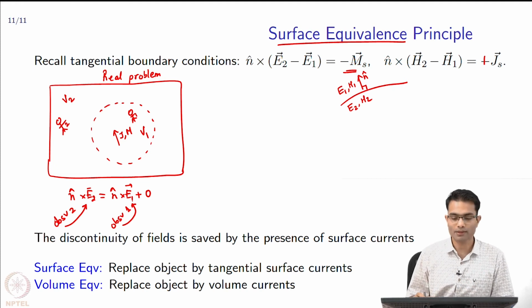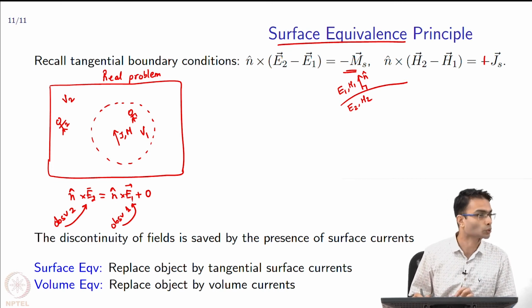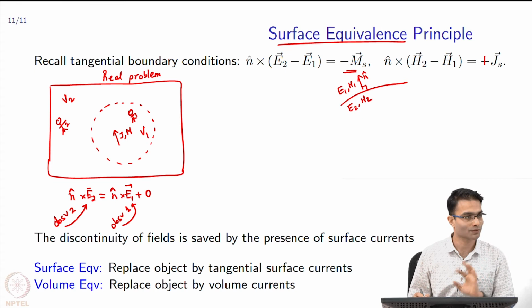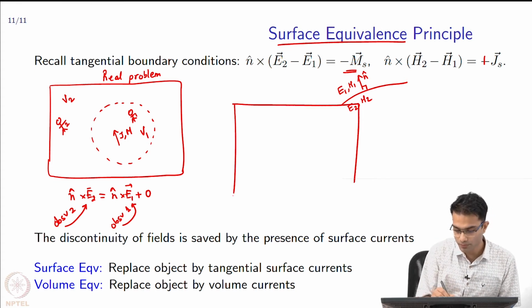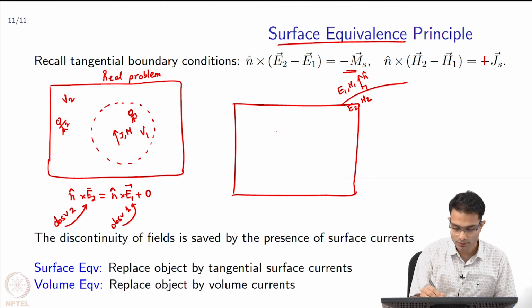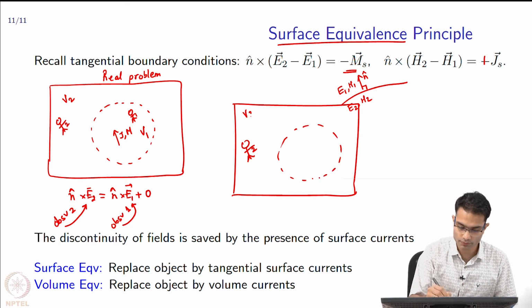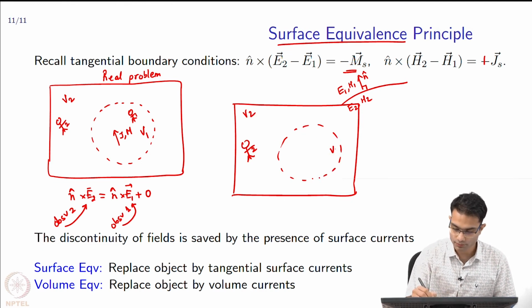Now, we will play yet another game. The game is to make a fool of observer 2, in a way that observer 2 does not know. So, let us take the same situation over here. Observer 2 remains over here and cannot walk into volume 1. This is V2 and this is V1.